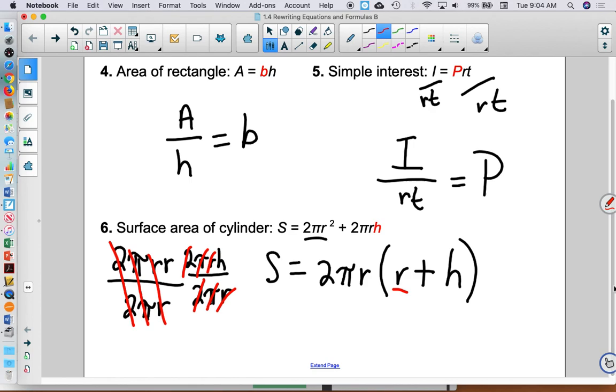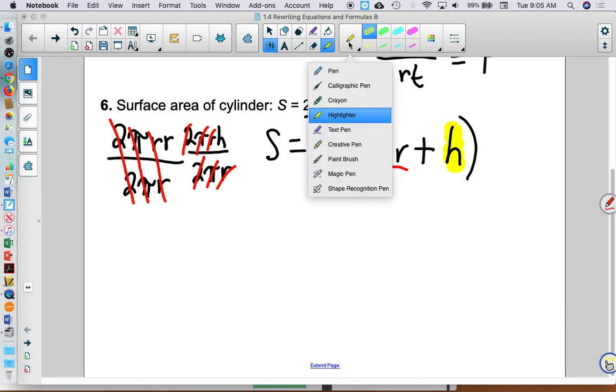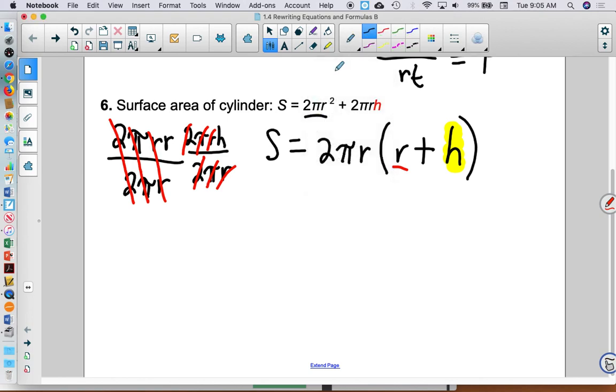Okay, with that being said, so now I have S equals 2 pi r times everything in the parentheses. I want H alone. This is what I want alone. So, I've got multiplication. I'm going to work it backwards. That says distribute.